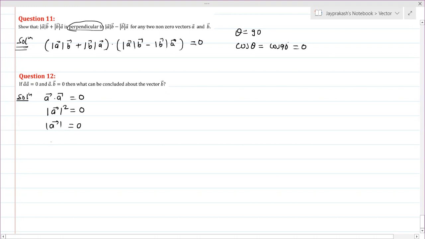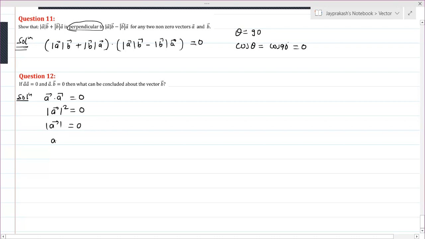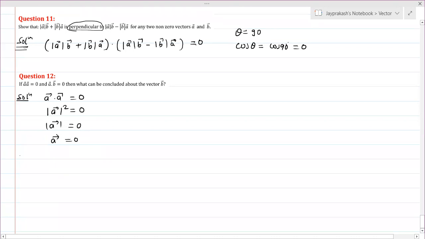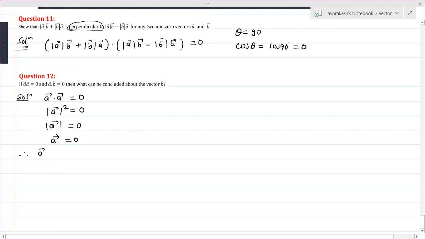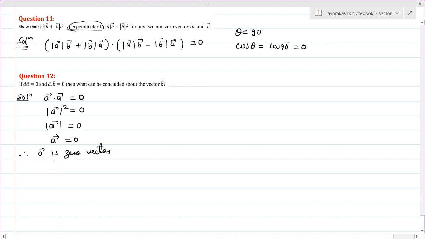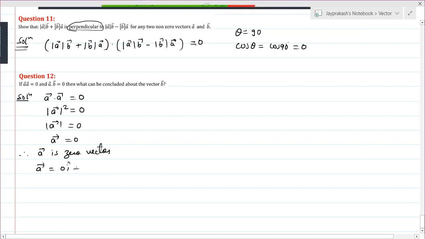So we will get the magnitude of vector A is 0 when vector A is the 0 vector. So vector A is the 0 vector. So 0 vector means what? The components are 0 i, 0 j and 0 k.